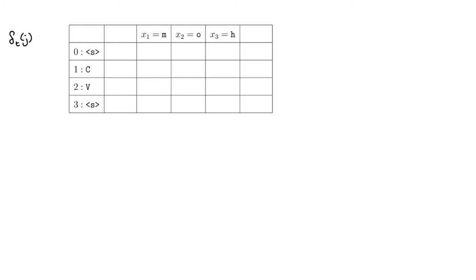T can be 0, 1, 2, 3, or 4, and the state is either 0, 1, 2, or 3, where state 1 is a consonant and state 2 is a vowel.